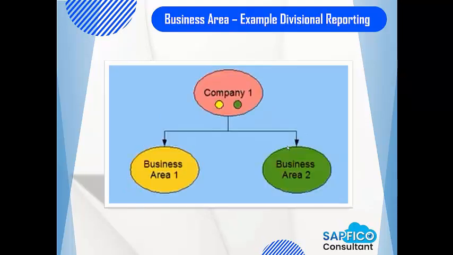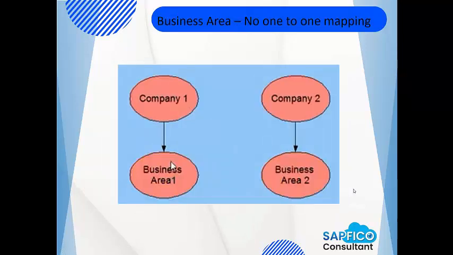So here is the example of a business area, divisional reporting. Within the company, we have two business areas, business area one and business area two. This is used for the different divisions. So here for business area, there is no one-to-one mapping as such. Business area one can be used to post to company code one.